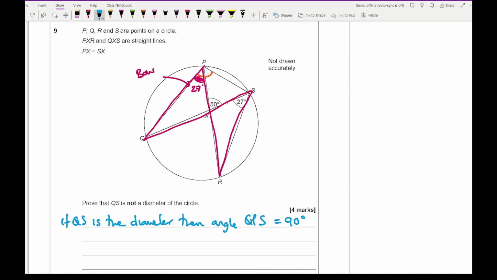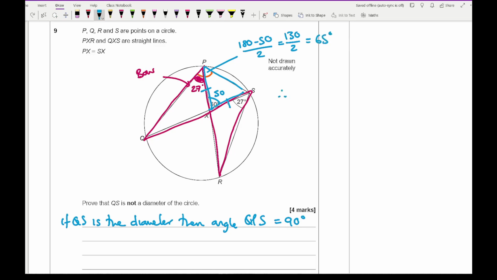Now I then know that this triangle is an isosceles triangle. So this side here is the same as this one. So if this angle here is 50, I can then work out this angle by doing 180 minus 50, divided by 2. Now 180 take away 50 is 130, and 130 divided by 2 is 65 degrees.